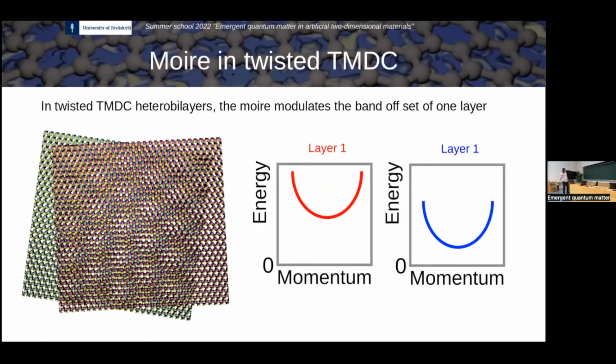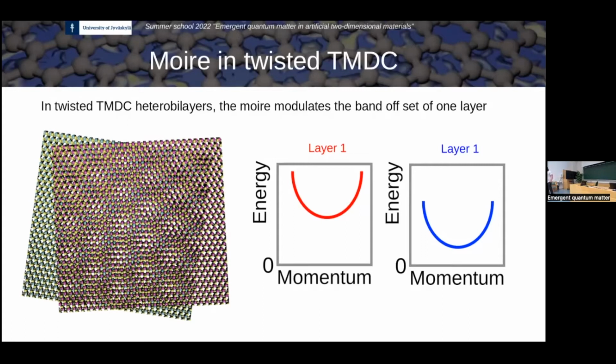So now, instead of thinking about one-dimensional moire potentials that were very useful, of course, to understand how the electronic structure is reconstructed, let us move on to two-dimensional moire potentials. We are going to start with the simplest two-dimensional moire potentials, the moire potentials that appear in twisted transition metal dichalcogenides, when you take different transition metal dichalcogenides.